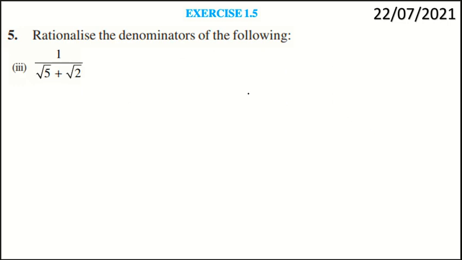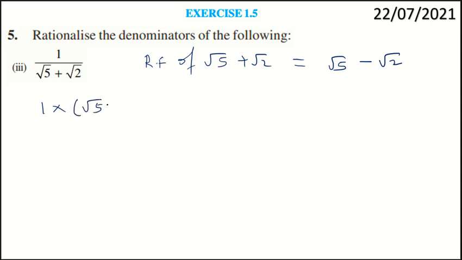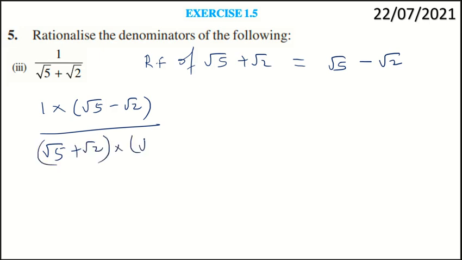Now question number 3. Rationalize the denominator for 1 upon root 5 plus root 2. Again, we will first find the rationalizing factor of root 5 plus root 2 by just changing the plus sign to a minus sign between root 5 and root 2. So 1 is multiplied by root 5 minus root 2, and the denominator root 5 plus root 2 is multiplied by root 5 minus root 2.